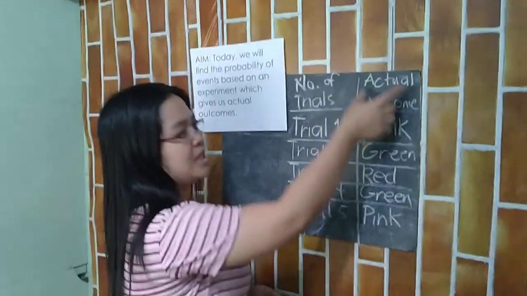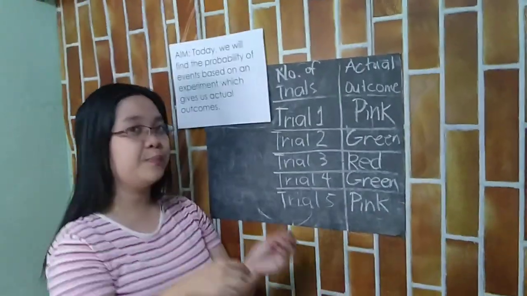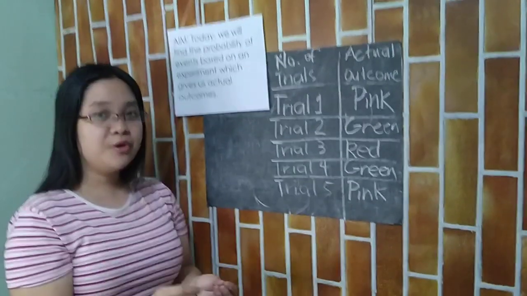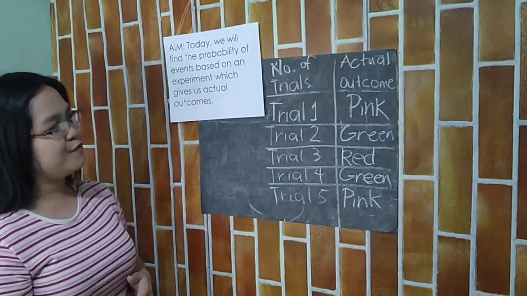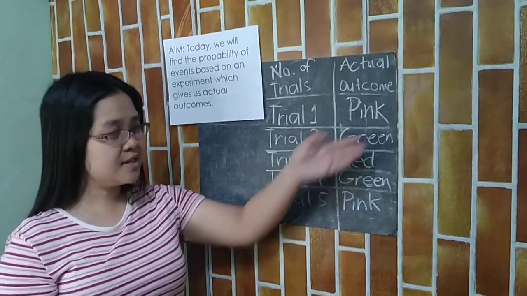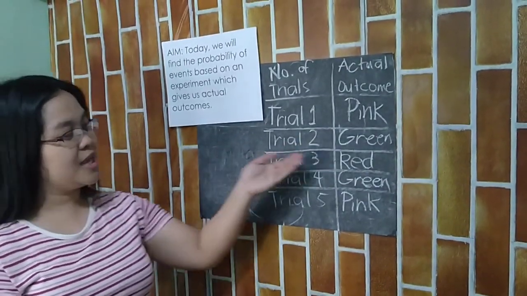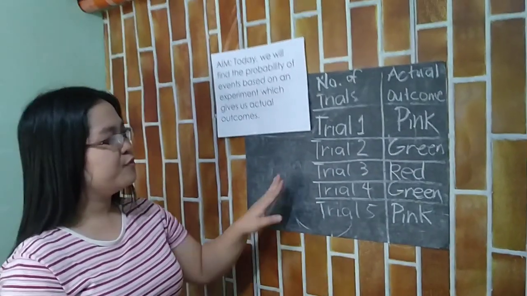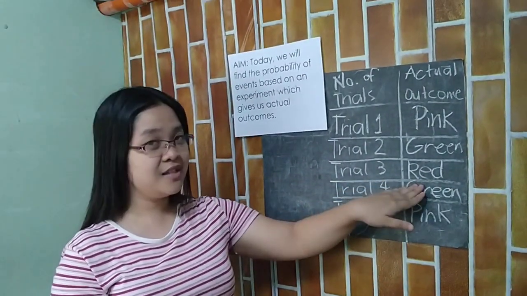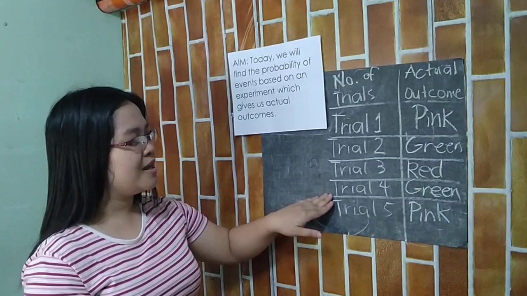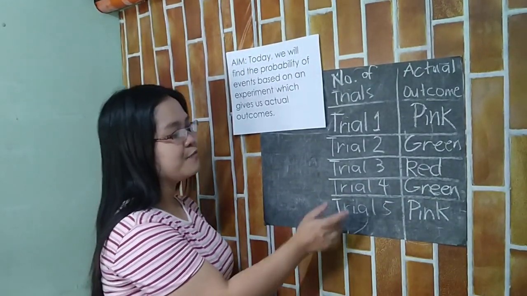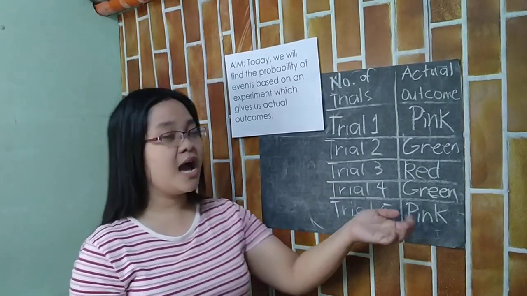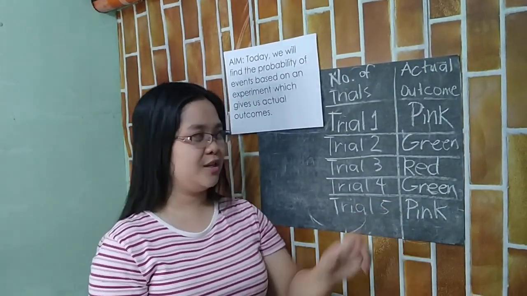And this is actually the actual outcome after I pick a unit cube without actually looking from the box. For trial 1, I have pink. For trial 2, I pick green unit cube. For trial 3, I pick a red unit cube. For trial 4, I pick green unit cube. And for trial 5, I pick a pink unit cube.